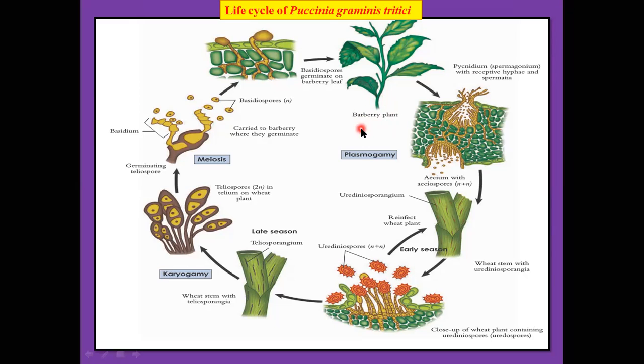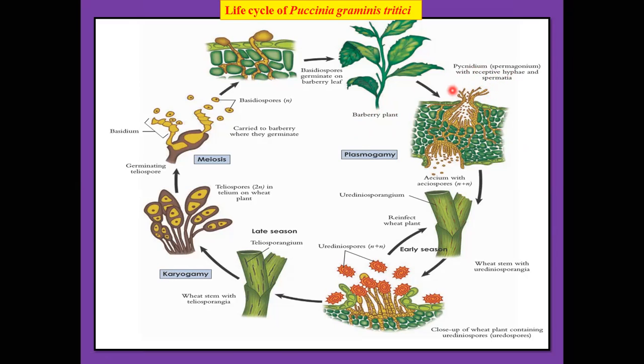So on the leaf of the barberry plant, some pycnidium fruiting bodies are produced. Means pycnidium is an asexual spore fruit, having a flask shape and containing the receptive hyphae and spermatia. Spermatia means male organs and receptive hyphae act as female organs.